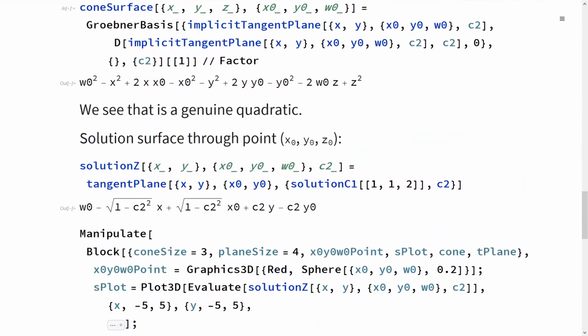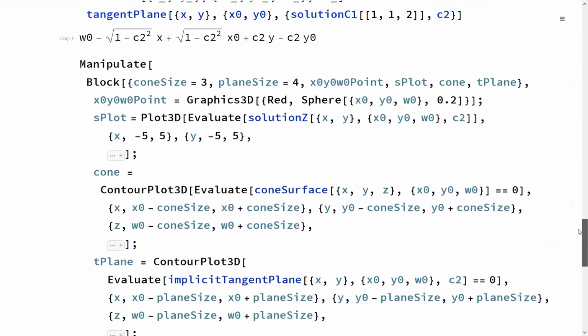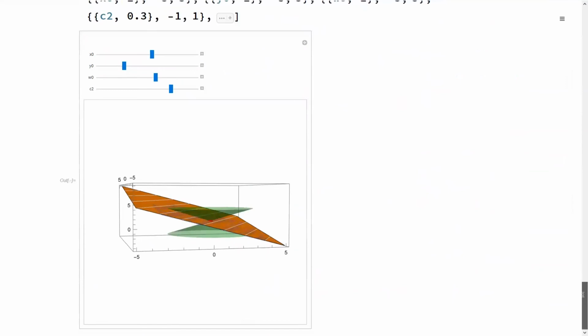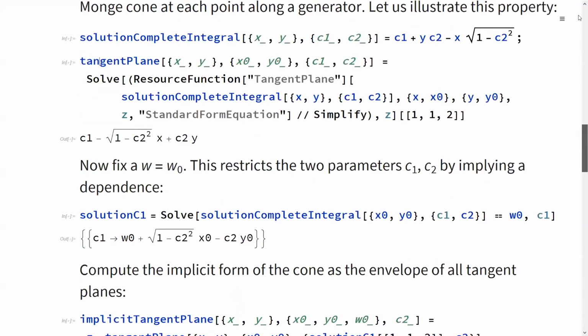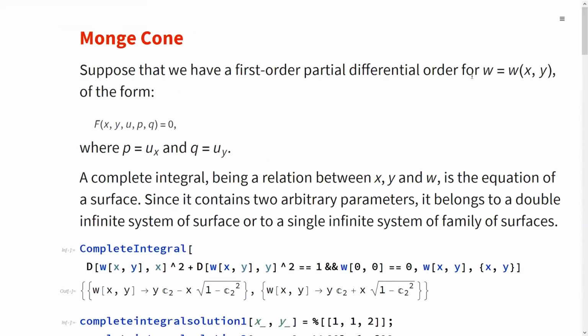So this is the solution surface through the point x0, y0, z0. If we use Manipulate, we get this nice Monge cone property. This is a nice application of the complete integral.